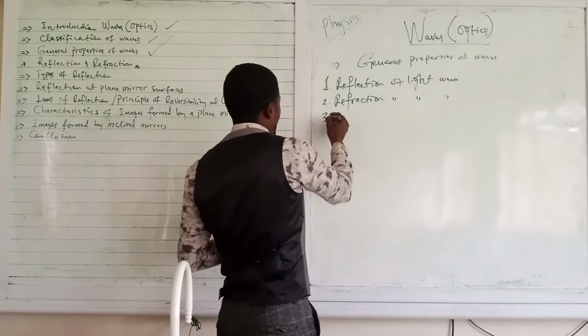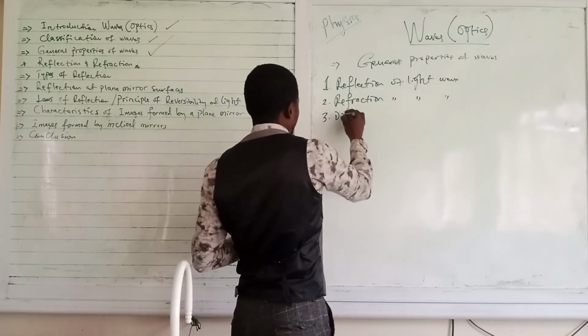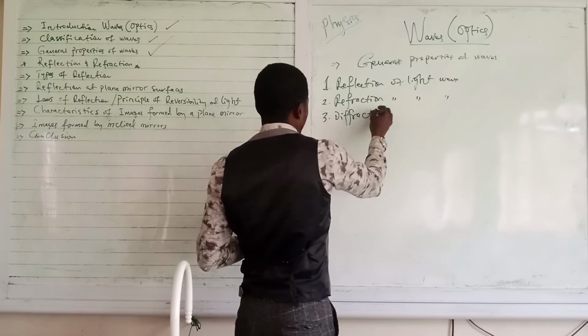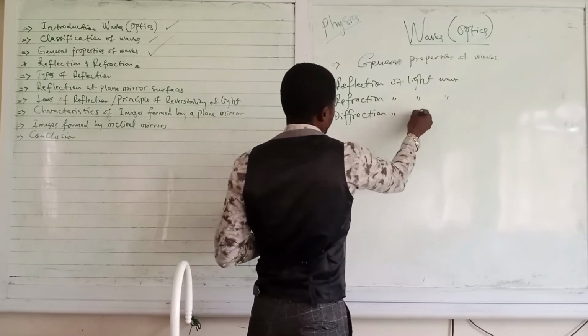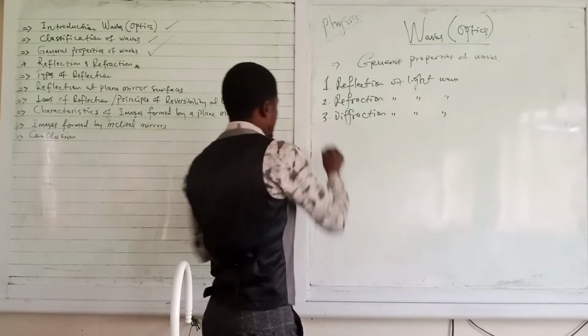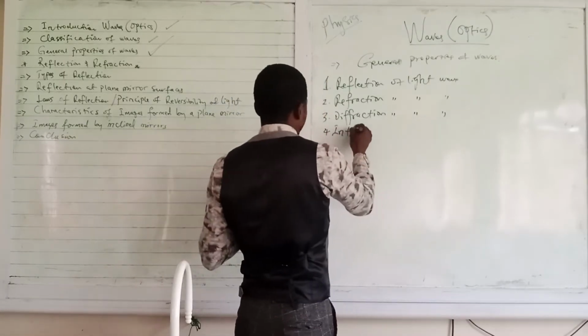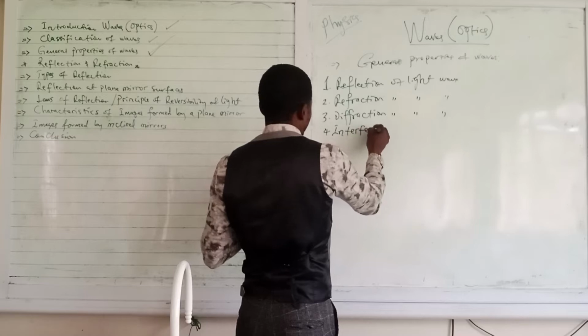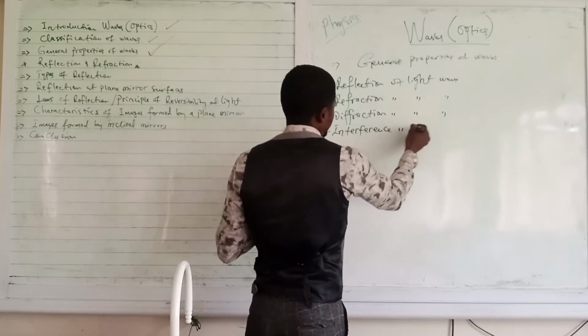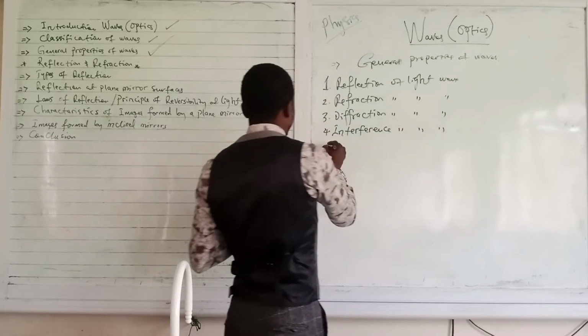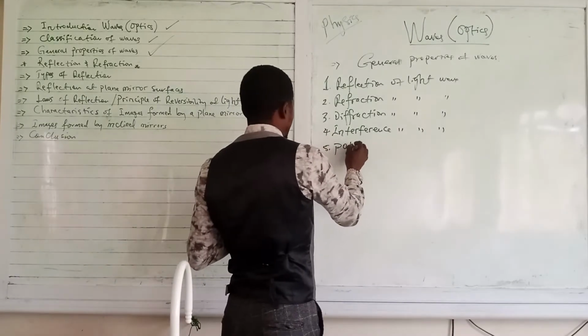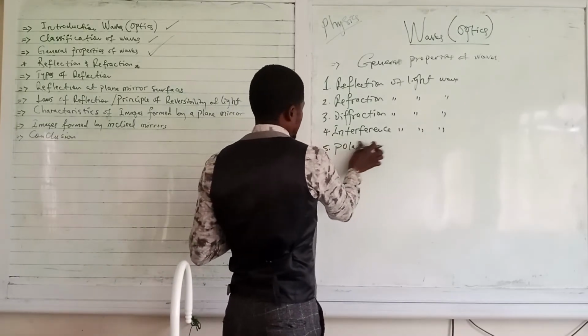Number 3, we have diffraction of light waves. Number 4, we have interference of light waves. And then number 5, we have polarization of light waves.